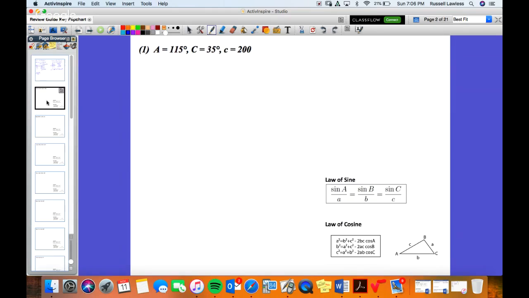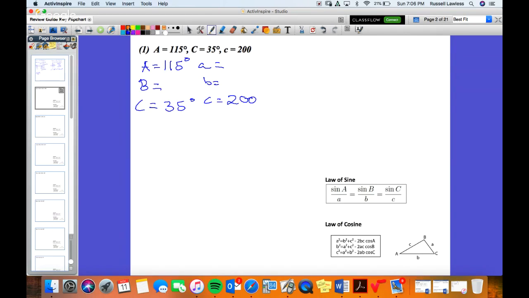Number one, first off, whenever we start a triangle problem, I want to fill out my chart here. So I got triangle A, B, C, with sides A, B, and C. And I'm given 115 degrees for angle A, 35 degrees for angle C, and then 200 for side C. So what I'm trying to do is solve this triangle completely.